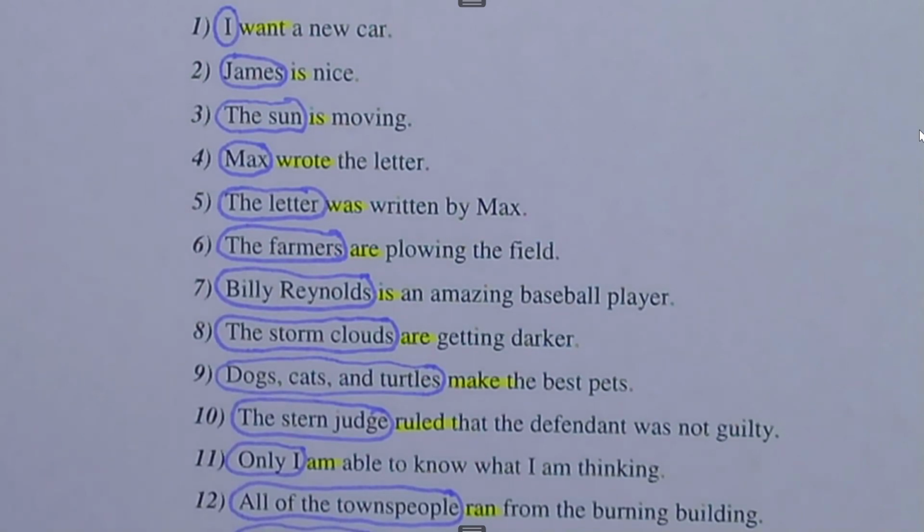They're all verbs. Some are helping verbs, some are linking verbs, some are action verbs, but they are all verbs. Here is a big clue. Your predicate begins with a verb, okay?